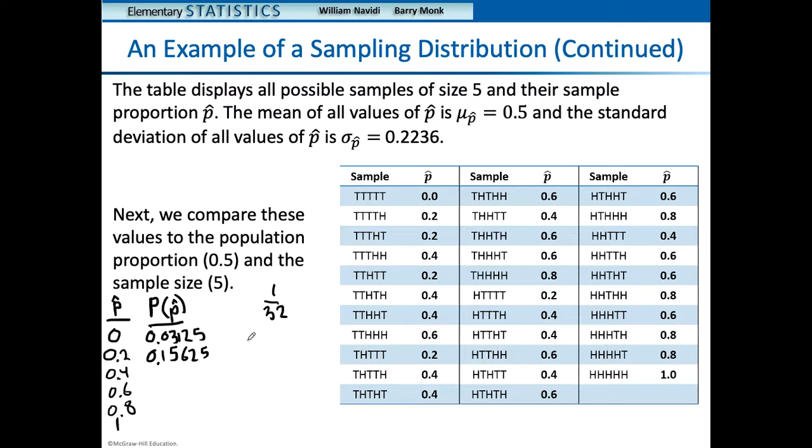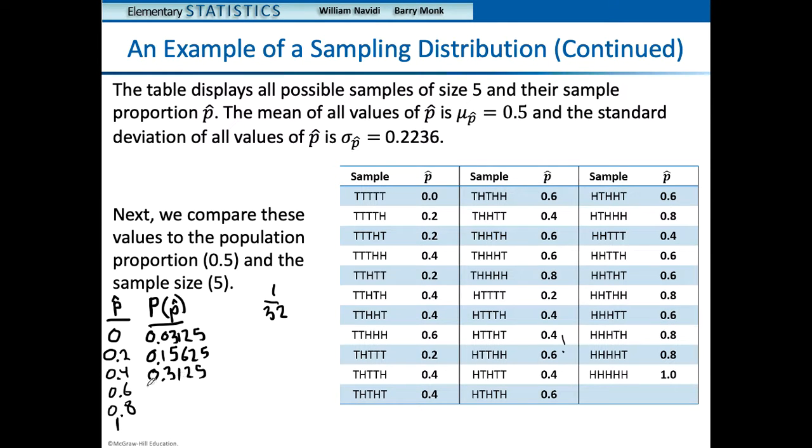So 10 divided by 32 is equal to 0.3125. 0.6, I've got 10 of those as well.